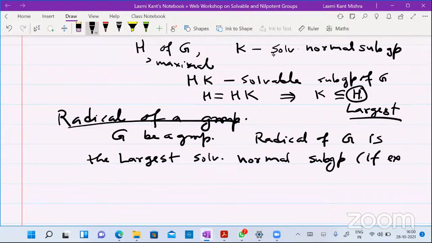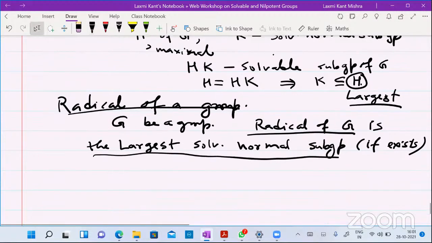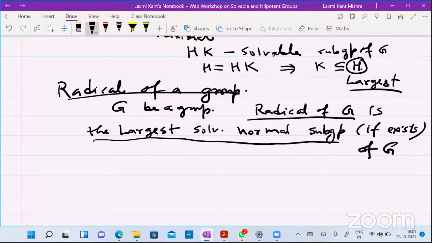If it exists, okay, so the radical of a group is nothing but the largest solvable normal subgroup of G.